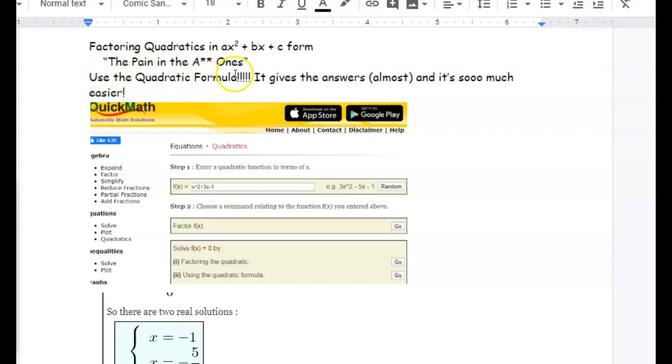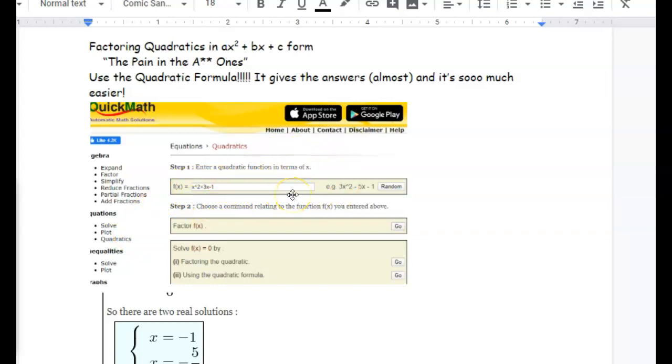Let's use the quadratic formula, and lo and behold, let's use technology to do this. The link that I provided in the practice takes you to this quick math page. If not, over here to the side, you're going to click on quadratics. It's going to open up this page, and you're going to be able to type in a quadratic.